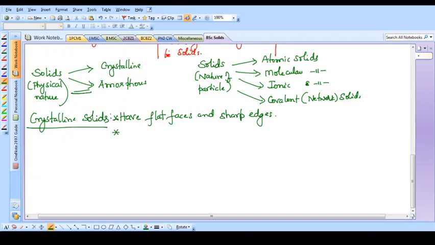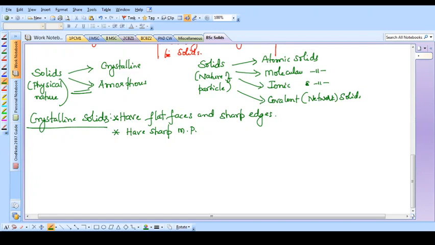And another important characteristic is they have a sharp melting point. What does that mean? Suppose you take a compound which exists as a crystal, and you try to melt it by increasing the temperature. The crystalline solid melts sharply at one particular temperature, or maybe in a range of two.